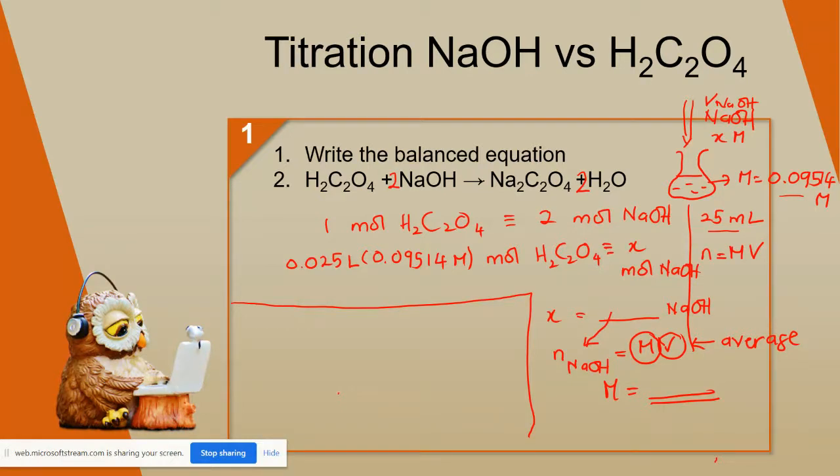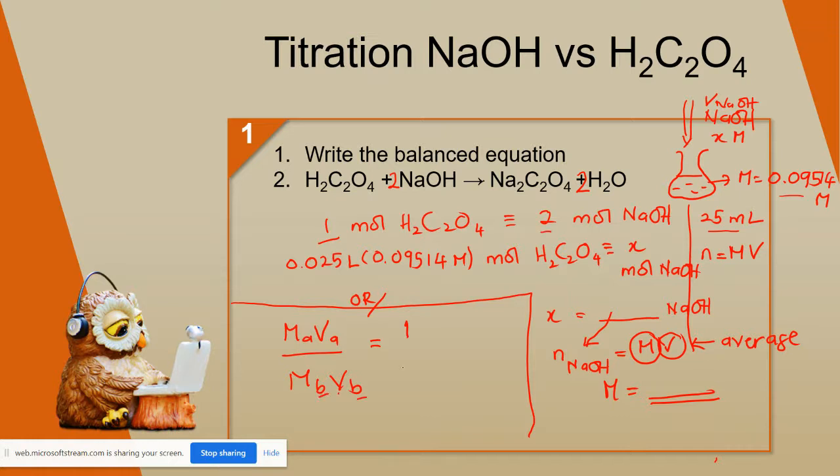in which you have MAVA over MBVB. A means acid. So the mole ratio of acid is 1 in this case. And the mole ratio of base is 2.